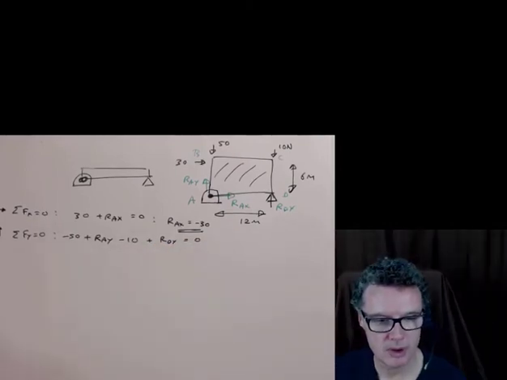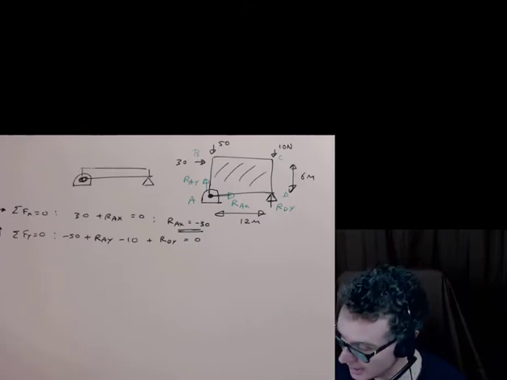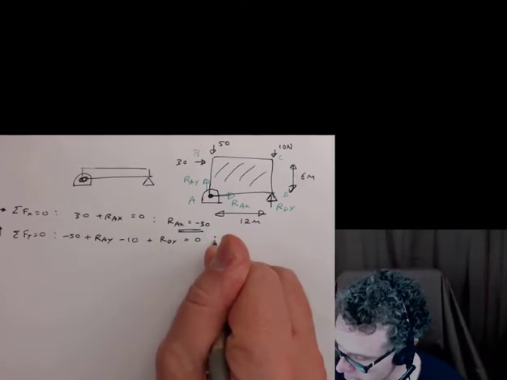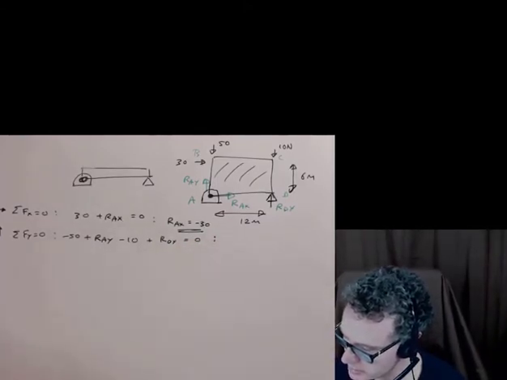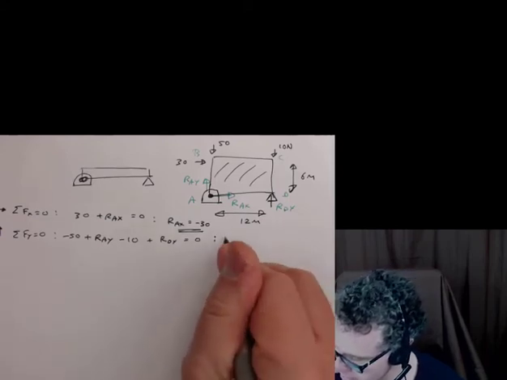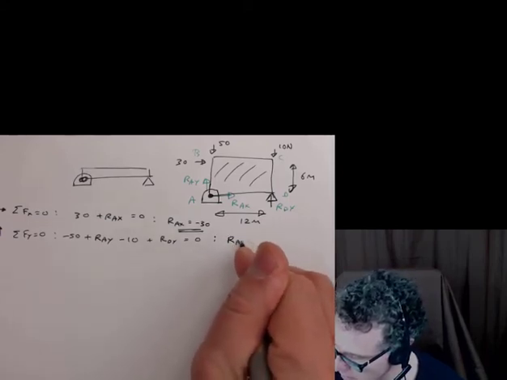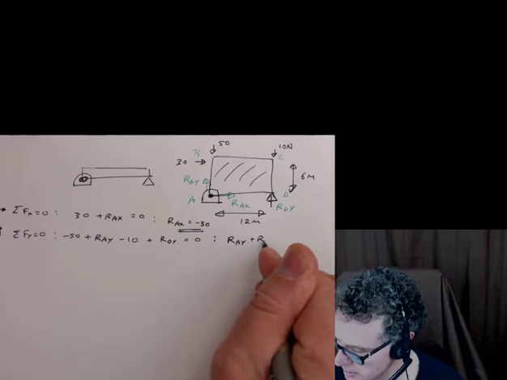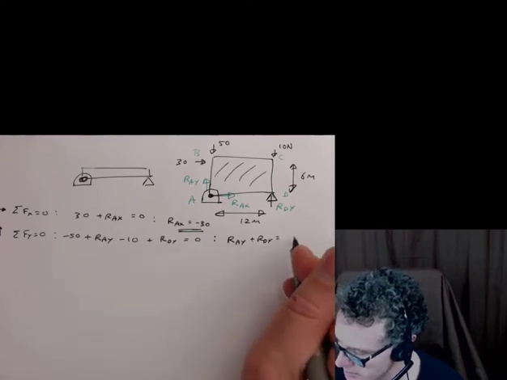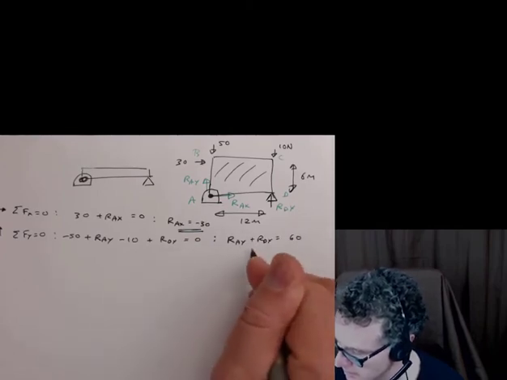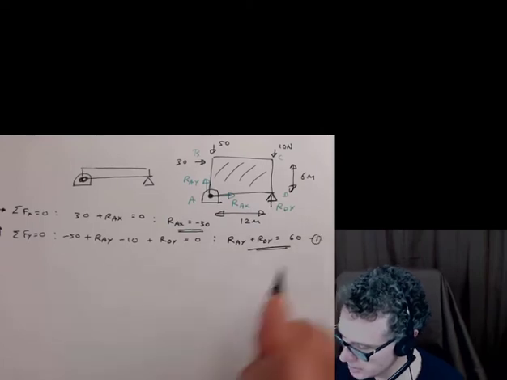Right. So the thing I want to do there is rearrange it. So we've got the unknowns on the left. So RAY plus RDY equals 60. So there we've got an equation we need to solve.